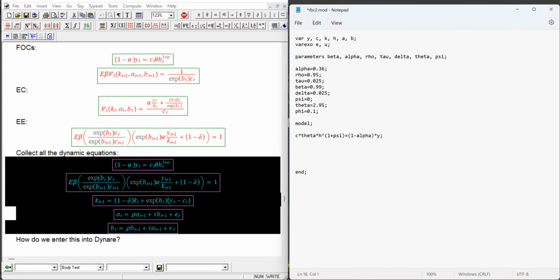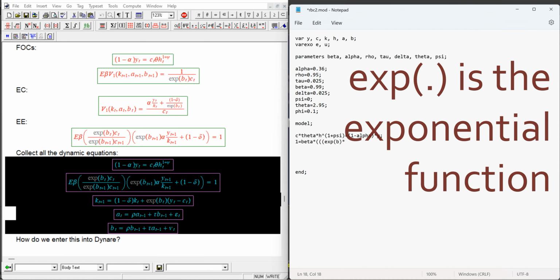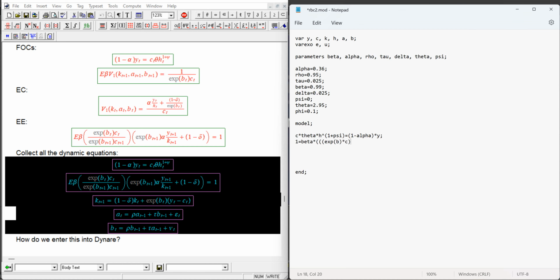Next, we confront the Euler equation. So we're going to have that 1 equals that whole expression there. So it's beta times e to the b times c divided by e to the b tomorrow.